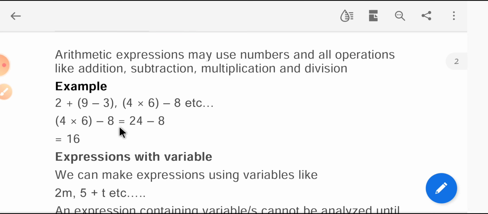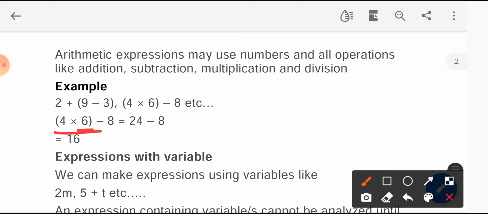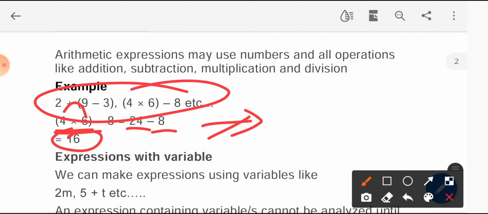So if we solve this, first of all 4 multiply 6 is 24, 24 minus 8 is 16. So these all are arithmetic operations जहाँ पर हमने constant का use किया है, और operations like addition, subtraction, from all the 4 operations we have used any of the operations here.